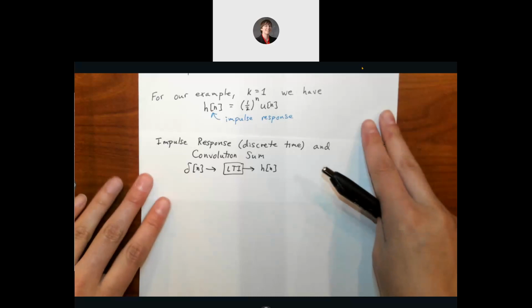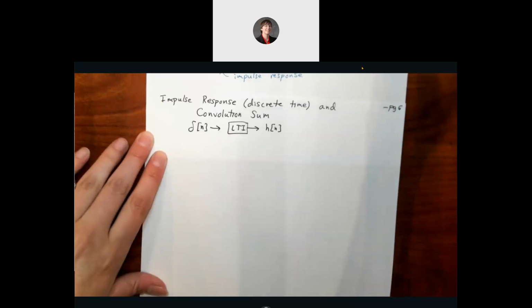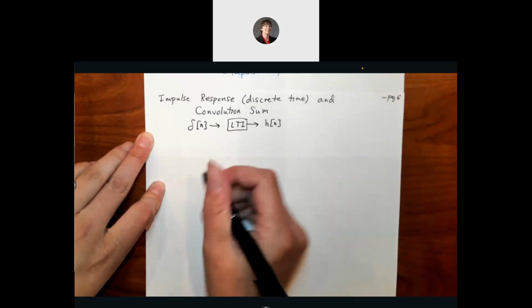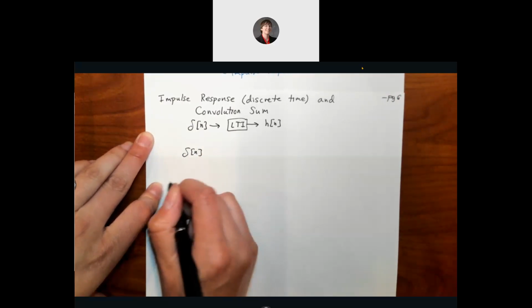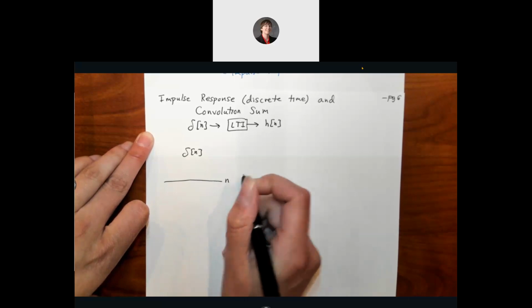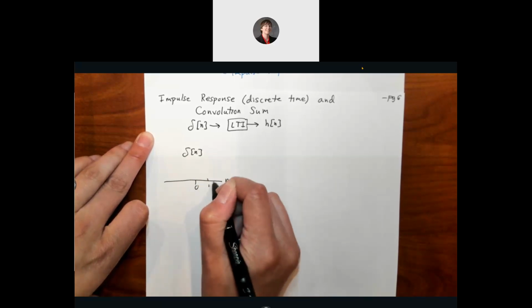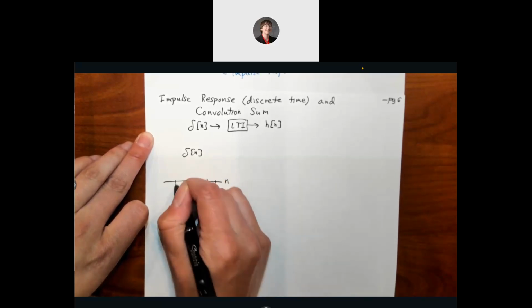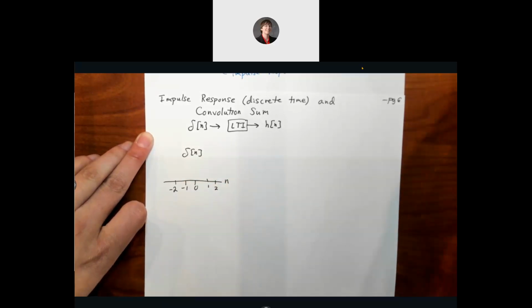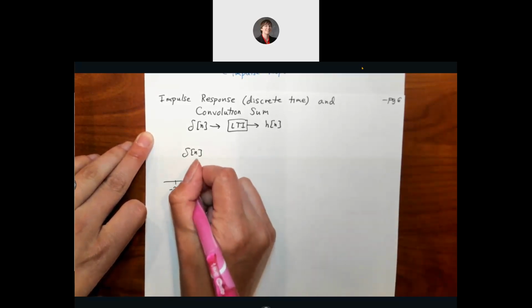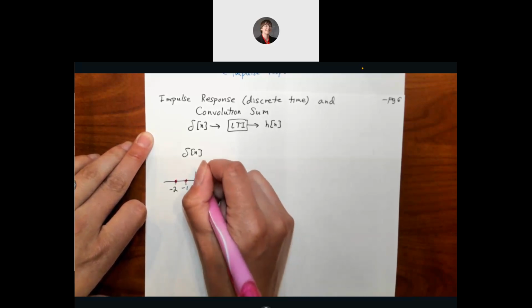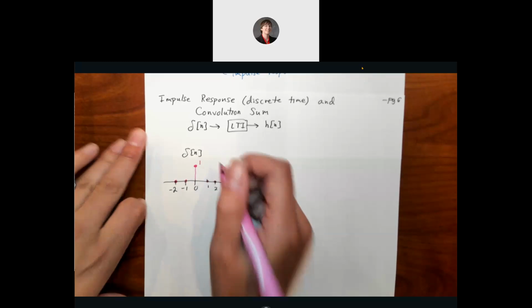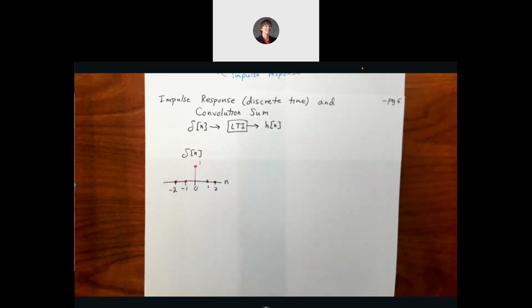So let's see, if we have, let's say here, a delta n, we're going to sketch this out. Let's just put a bunch of numbers here, like so. So our impulse is going to be 0 for all n, except where n equals 0, where it's going to have a magnitude of 1.